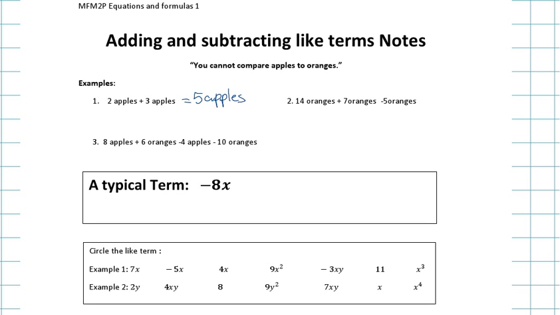How many oranges do I have? What do you do on your calculator? 14 plus 7 minus 5. That's right. 14 plus 7 take away 5. 16. So that's 16 what? Oranges.